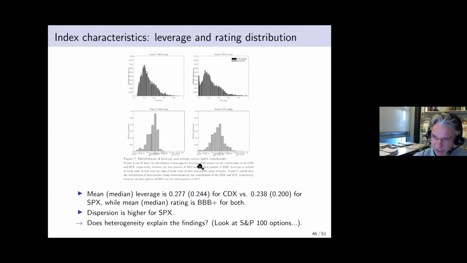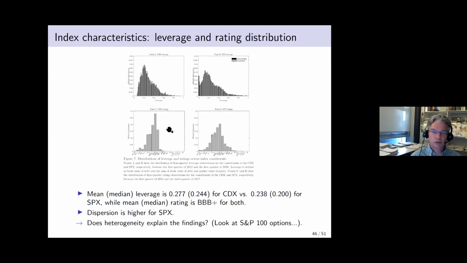So then, maybe the underlying indices have different characteristics. In the few minutes that I have left, I'm going to go a bit more quickly. You can see here some distribution of the underlying CDX index leverage and the SPX, so the equity index. And here we have the distribution of leverage for these two indices.